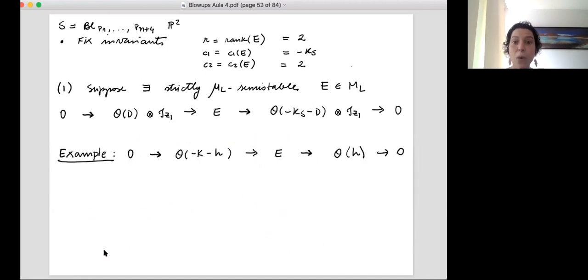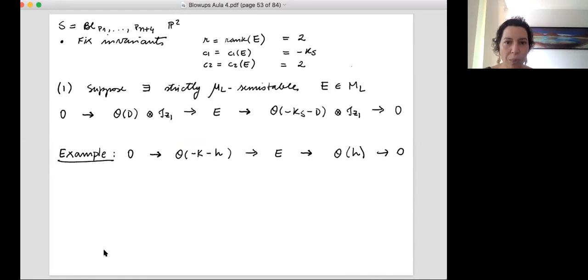So for example, this is a very concrete example. Suppose that you want to find all the extensions E, all the torsion-free sheaves that live in an exact sequence like this. Okay, so this H here, as I said, is the pullback of a hyperplane section.